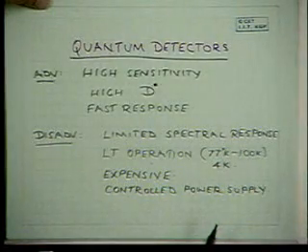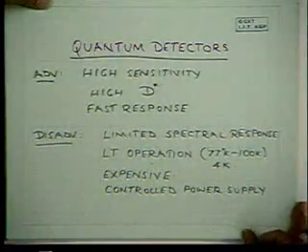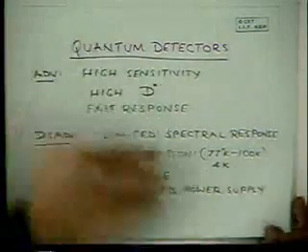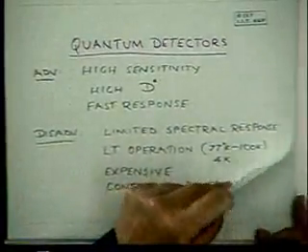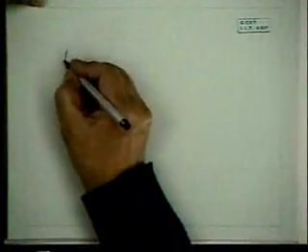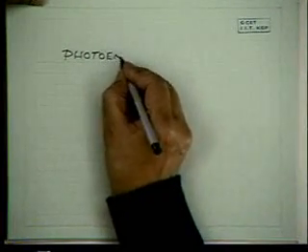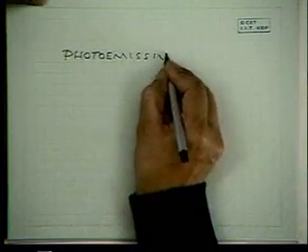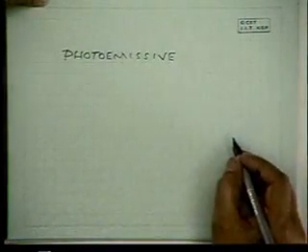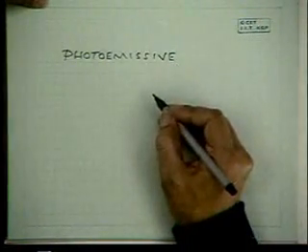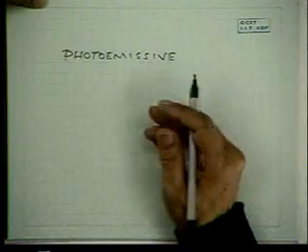So, if we compare different types of quantum detectors, as we've seen before, they can be classified broadly into photoemissive, based on the external photoelectric effect. That means the ejection of electrons from a solid into vacuum. So these are basically vacuum devices.